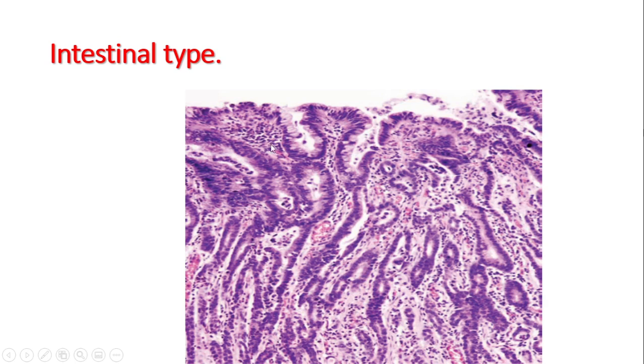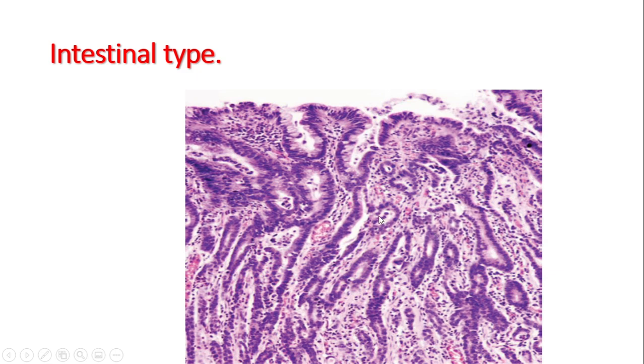Fungating carcinoma, intestinal type carcinoma, usually on a background of chronic H. pylori associated gastritis with intestinal metaplasia. In this type, it carries a better prognosis than the diffuse type, in which the tumor still forms glandular structures like intestinal type glands.